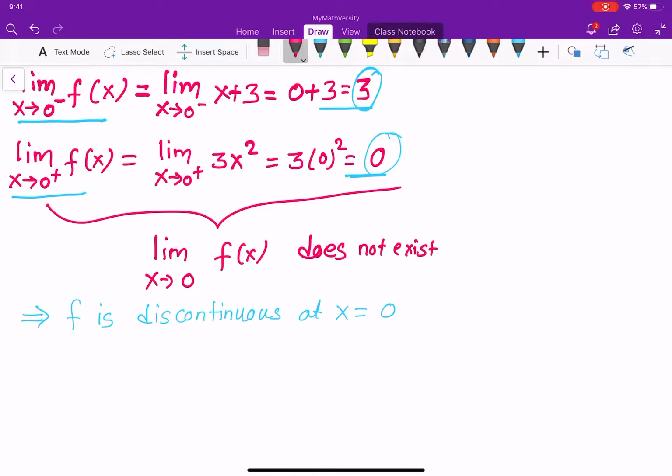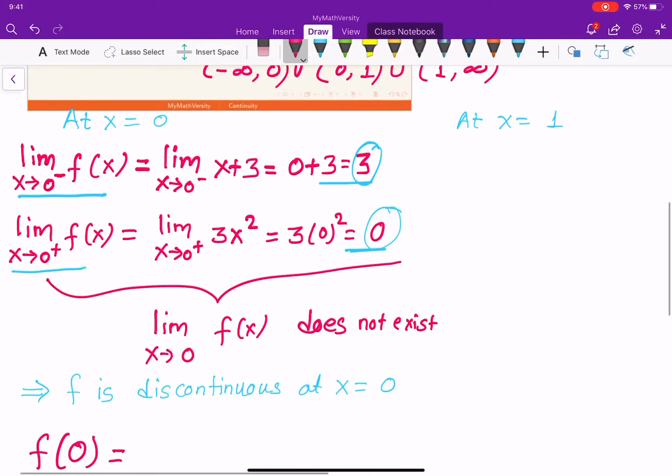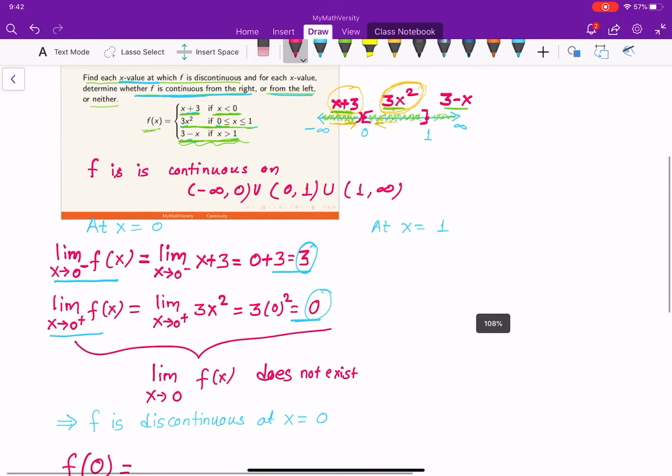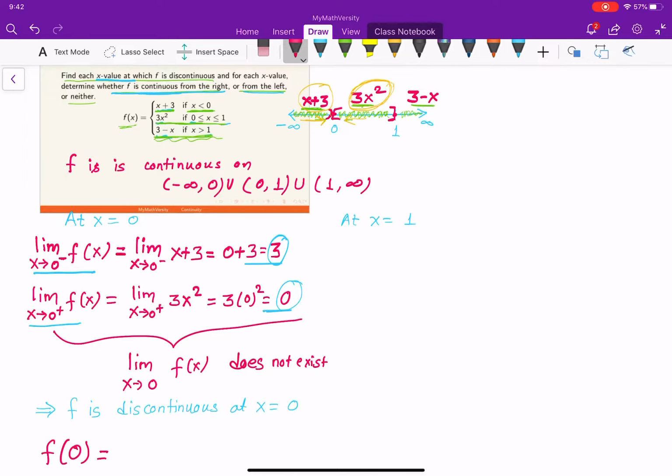Well, we just need to compute one more thing, the value of the function exactly at 0. What is the value of the function at 0? Exactly at 0, the value of the function is defined by this rule, because of the bracket over here, or you could look into the original problem. 3x squared is the rule.